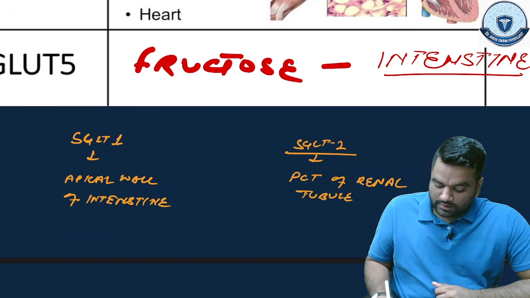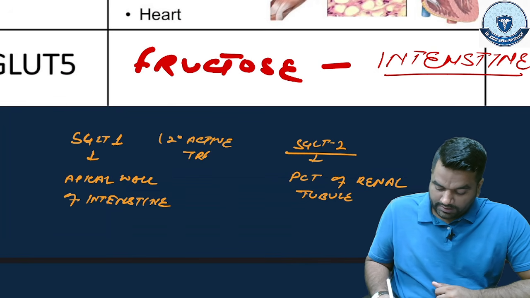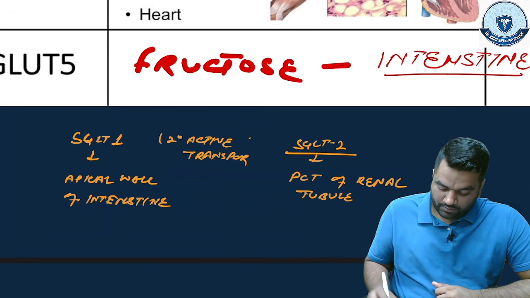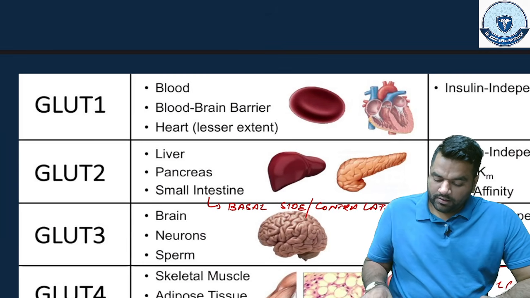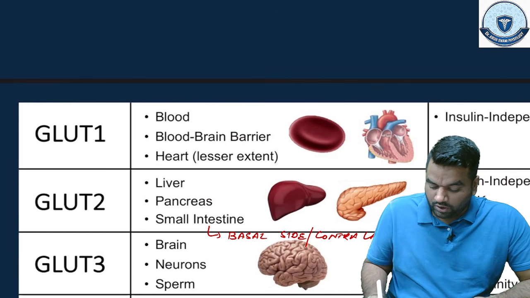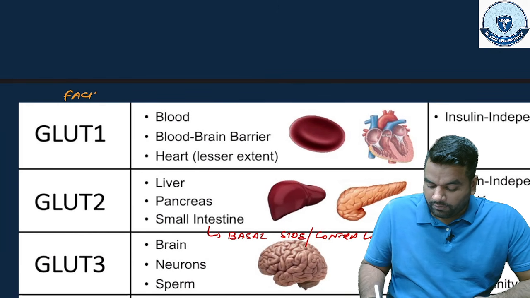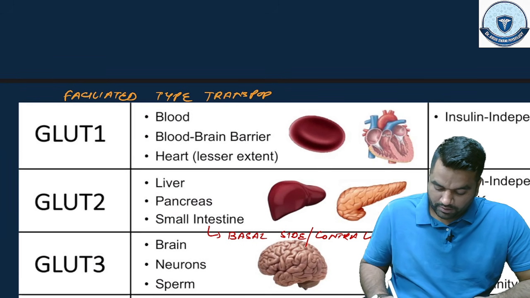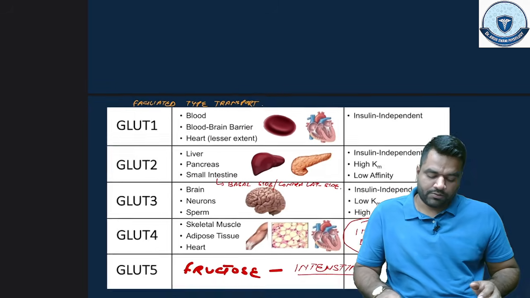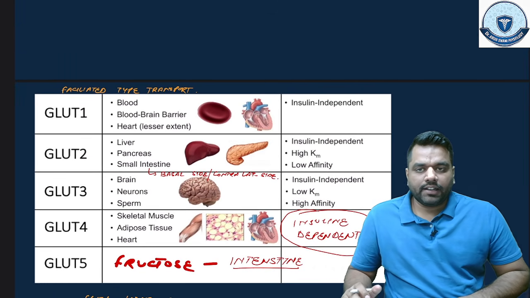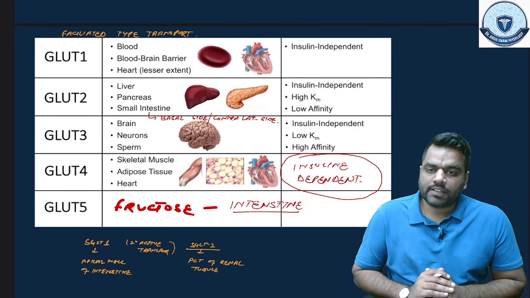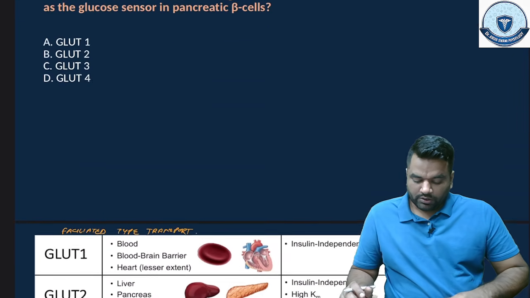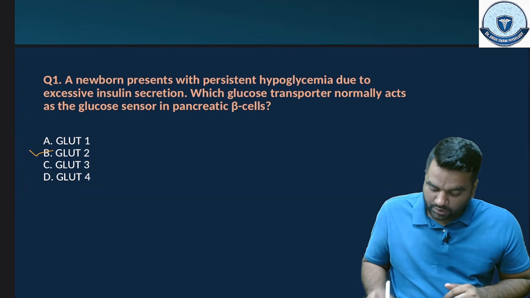They both are secondary active transport. And all GLUTs are facilitated transport. So please remember this fact, that GLUT is facilitated transport and SGLT is secondary active transport, right? So the right answer of this question is GLUT2.